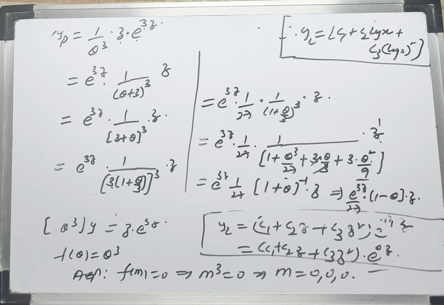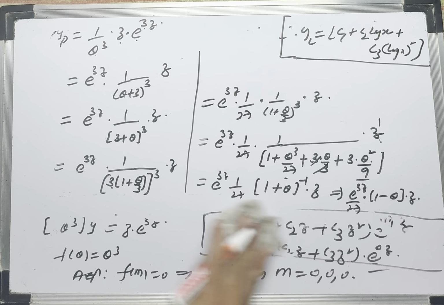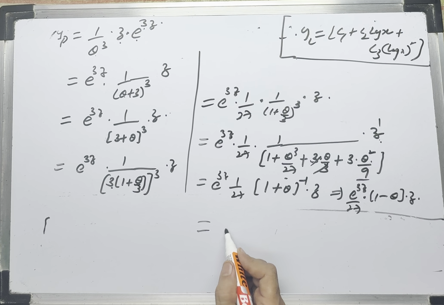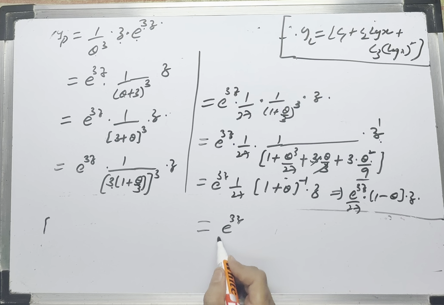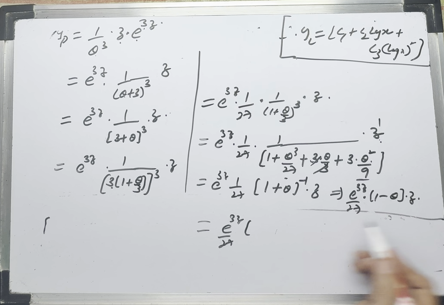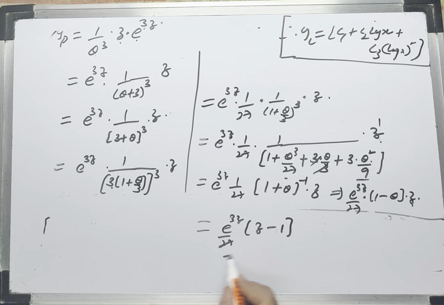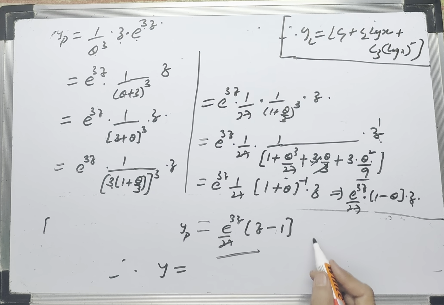So this will be e power 3z divided by 27. 1 into z is z. D by dz of z is 1. This is our yp. Therefore y is then yp value in terms of z, e power z is x, so this is x cube, z is log x.